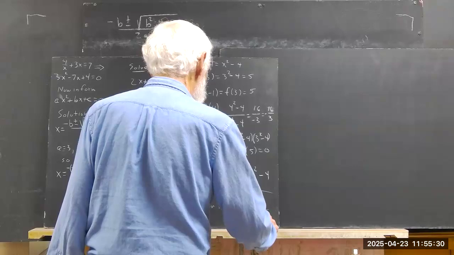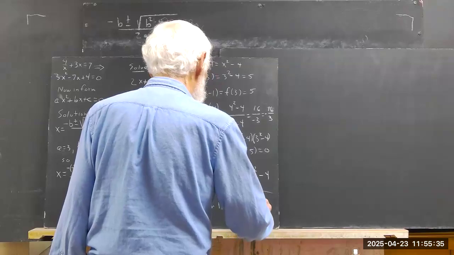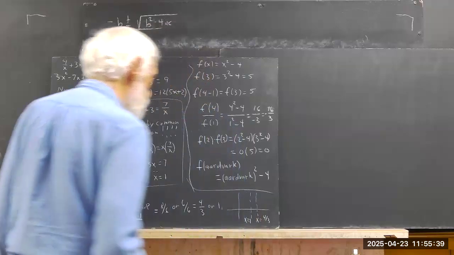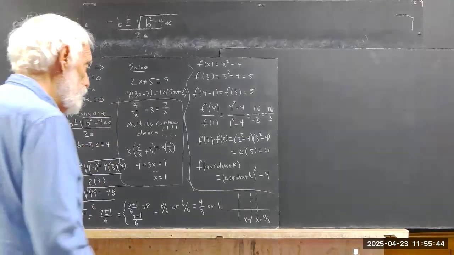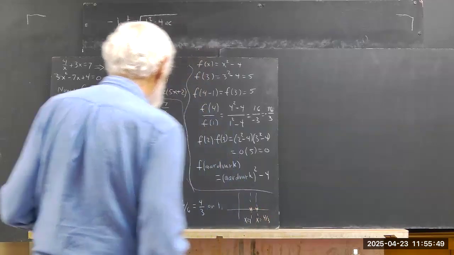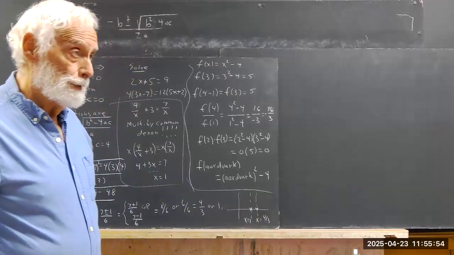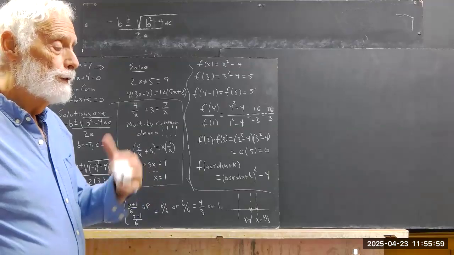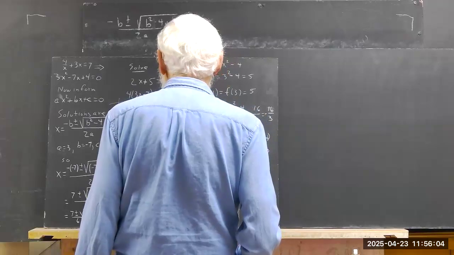Out here at x equals 4/3, and also at x equals 1, the value of this expression is 0. So the solution to this equation gives you 2 points on the x-axis. Then you know that this solution is parabolic.